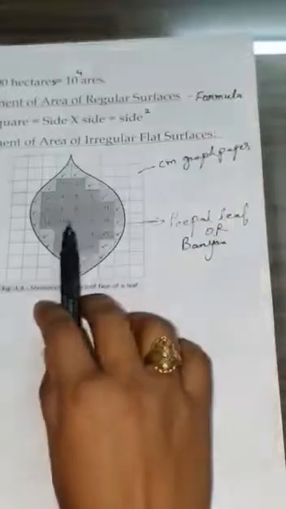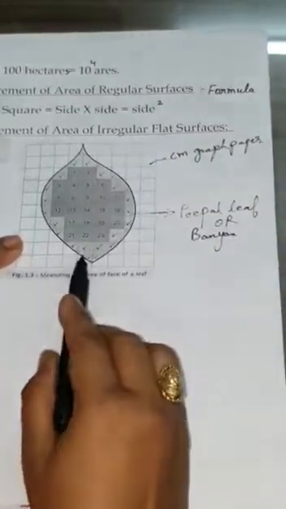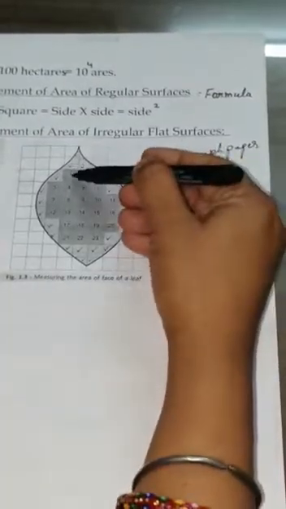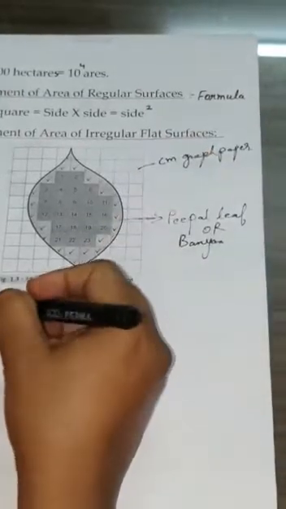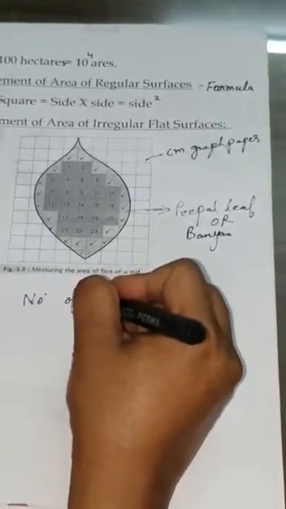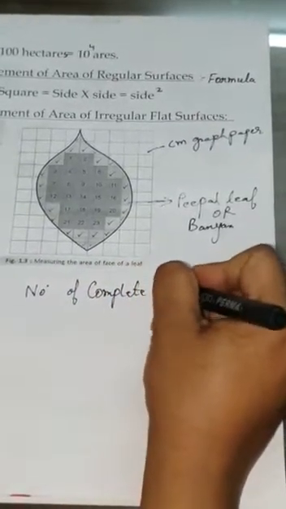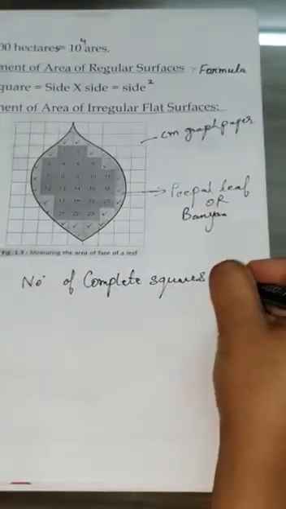Place the leaf on the centimeter graph paper. Now count the number of complete squares. You see, these are all complete squares, from 1 to 23. So the number of complete squares is 23.